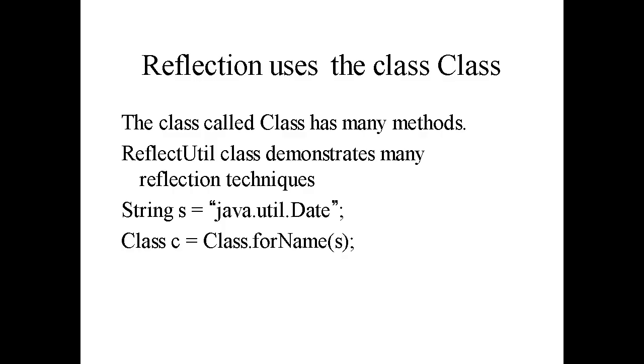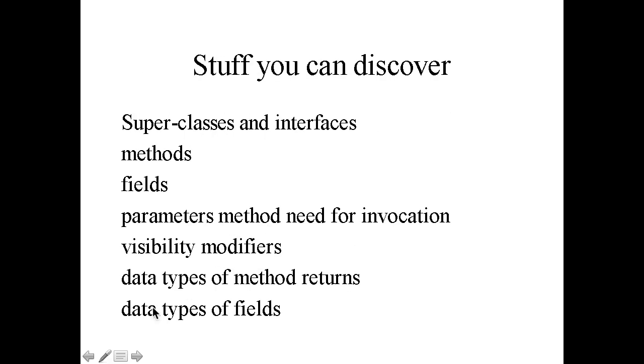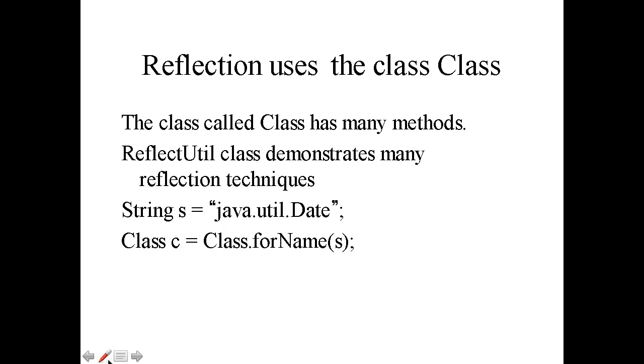For example, here we have a fully qualified class name, java.util.Date, and we can pass java.util.Date as an argument to Class.forName, and that gives us a mechanism that makes reference to precompiled bytecodes that are available in the class loader.